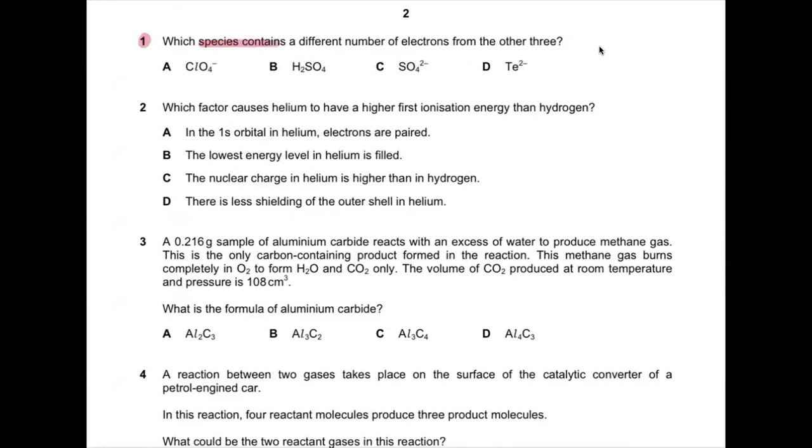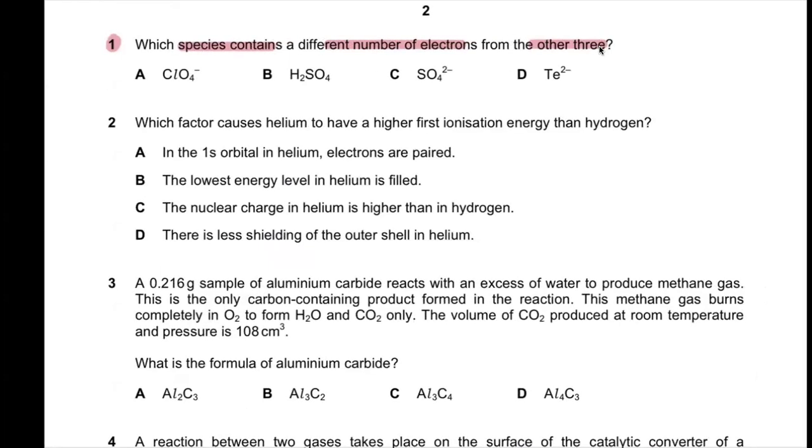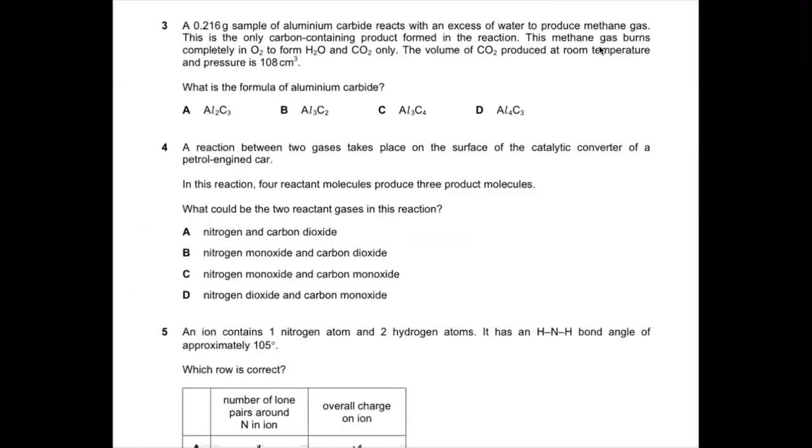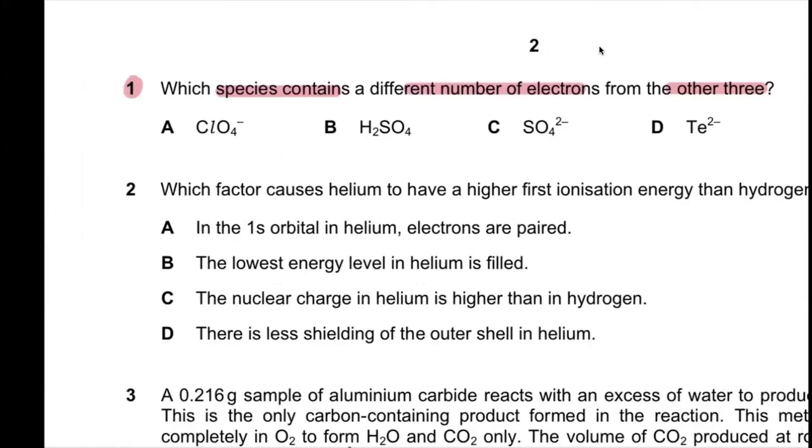Which species contain a different number of electrons from the other three? So for this, we have to look at the periodic table. For chlorine, if you recall, chlorine is 17 and oxygen is 8.